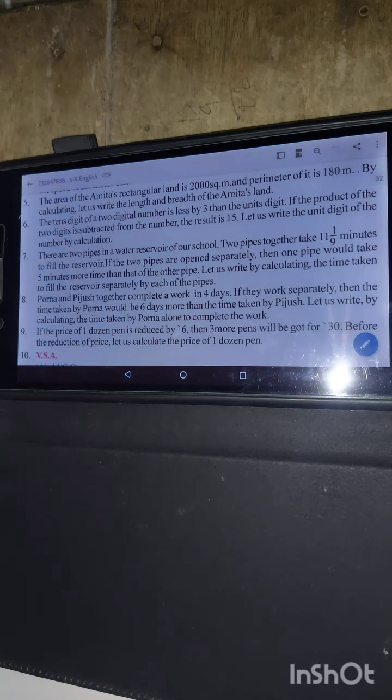If the product of the two digits is subtracted from the number, the result is 15.